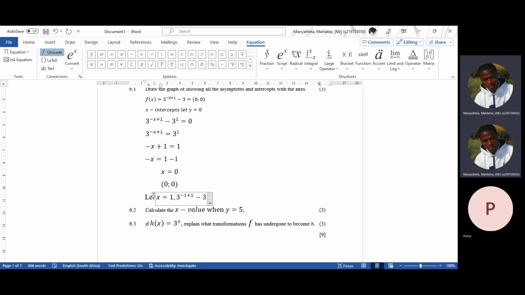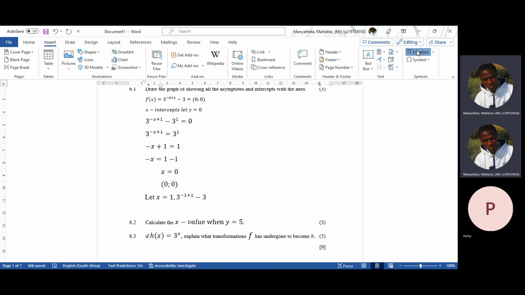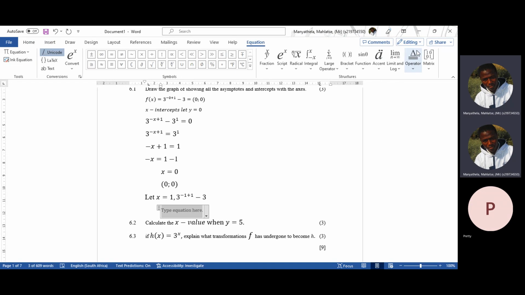So that point is negative 2. Meaning that when x is 1, another point that we have is negative 2.